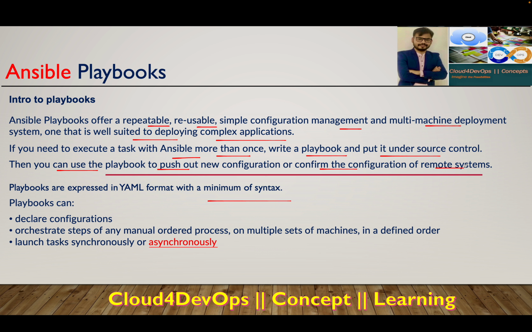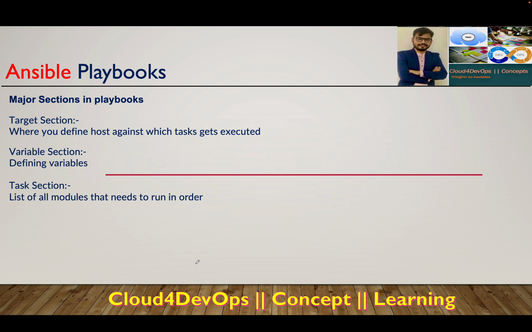That's what Ansible is all about, right? Now, playbooks can have a declarative configuration. You can orchestrate the steps of any manual ordered process on multiple sets of machines in a defined order, and launch a task synchronously or asynchronously. So that's what a playbook in general is all about.